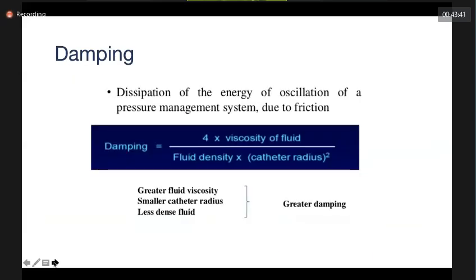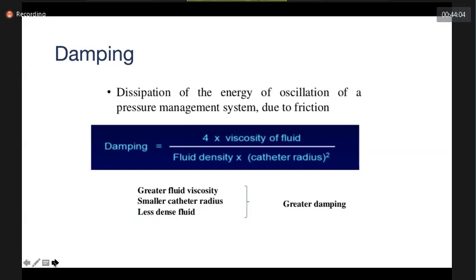So now coming to the catheter system, while recording, what are the problems you get? What is actually damping? Damping is nothing but dissipation of the energy. You have a sine waveform which is coming in the electrical transducer system.